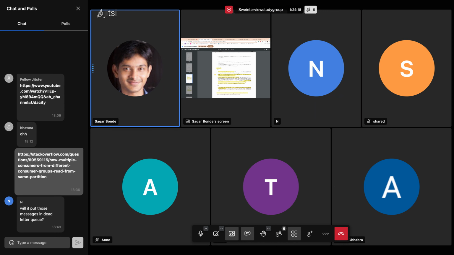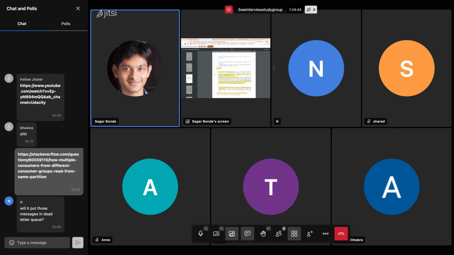No, if one consumer group is configured to process in real time, then every single consumer out of it will be connected to their respective partition. I'm assuming that you follow that one consumer in a consumer group will be connected to one partition only. You're following that, right? Yeah.